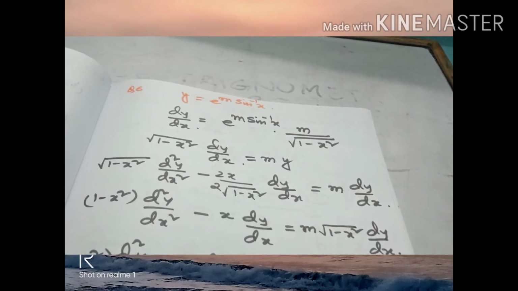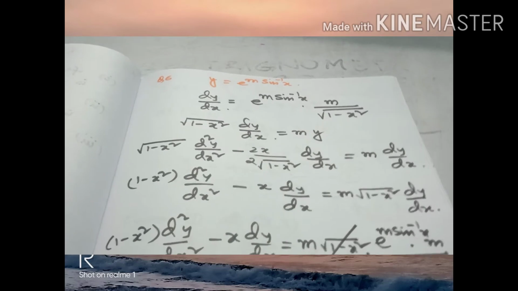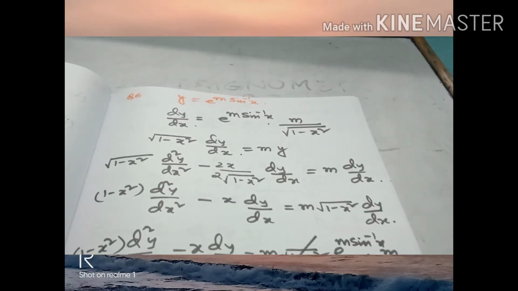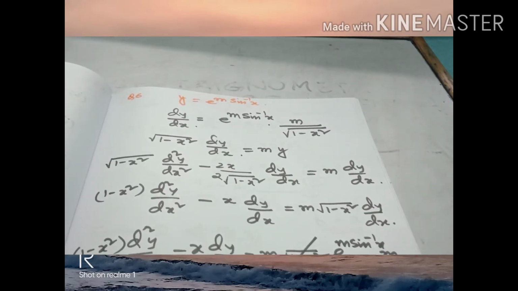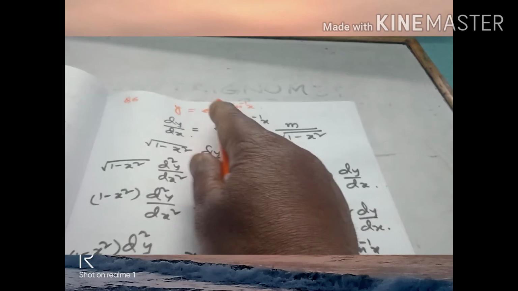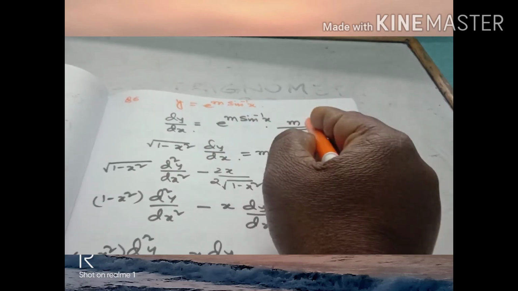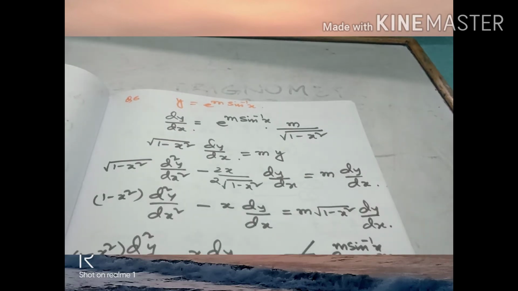Question number 6. We have to prove the given identity of derivatives. dy by dx is equal to e to the power m sin inverse x into m by root 1 minus x square. This is the derivative. The derivative of e to the power x is e to the power x, and the derivative of m sin inverse x is m by under root 1 minus x square.